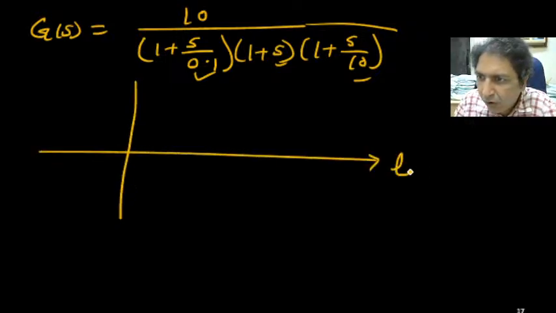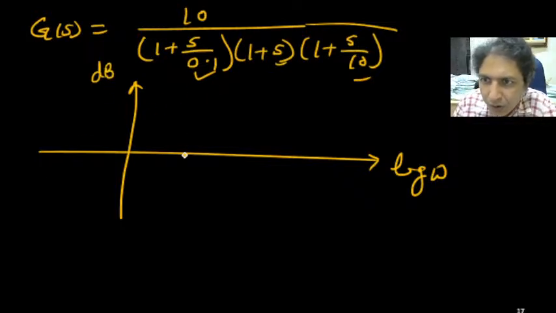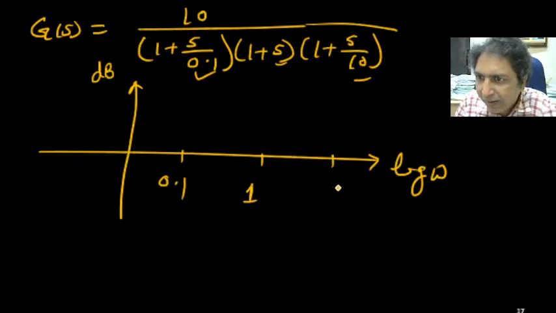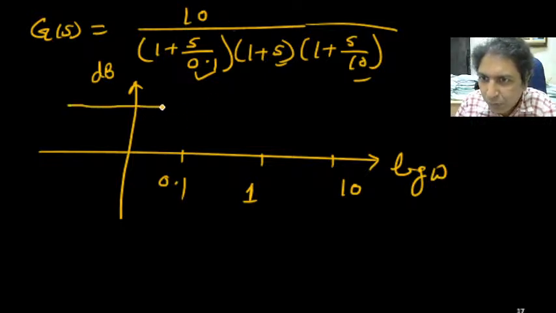This is the log omega axis and this is your dB scale, 20 log of M. Okay, so you can see that at omega equals 0.1 there is a corner frequency, at 1 there is another corner frequency and at 10 there is another corner frequency. The DC gain is 10, so 20 log of 10 is 20 dB. So up to this point you will have 20 dB.